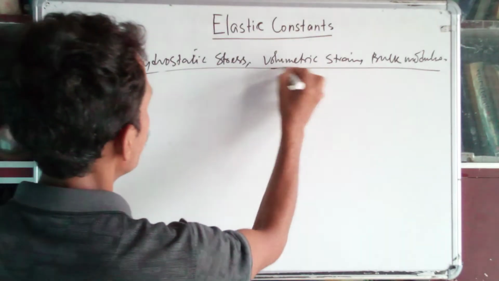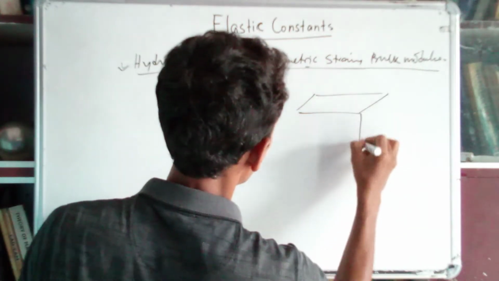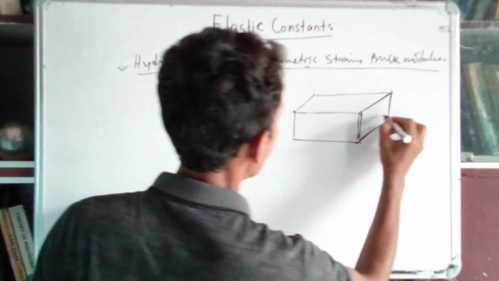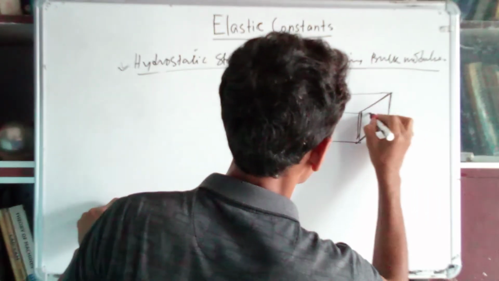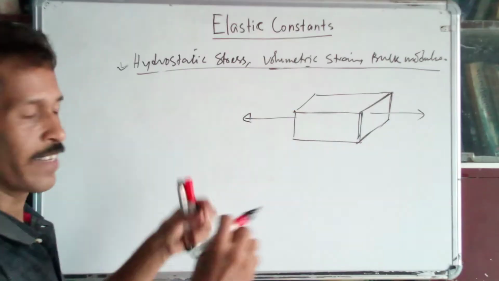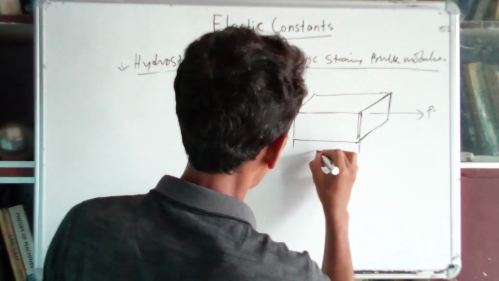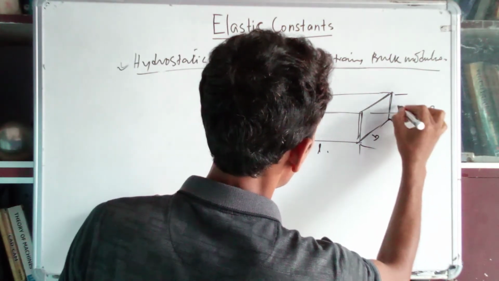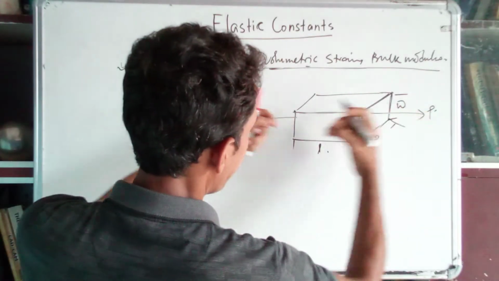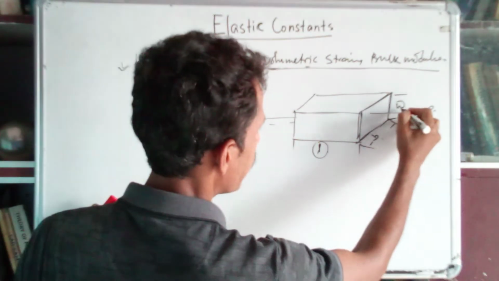Now if you consider volumetric strain, if you consider an object which is subjected to an axial load P along the length, initially with length L, breadth B and width, and you apply the load axially along the length, the length will increase and the width and breadth will decrease.